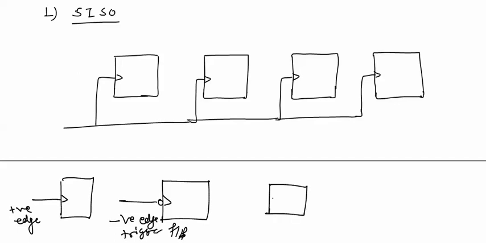And if a flip-flop is shown with this sign, it will be a positive level triggered flip-flop. And if a flip-flop is shown with this clock, it will be a negative level triggered flip-flop. Now in this shift register we have all the flip-flops with positive edge triggering.